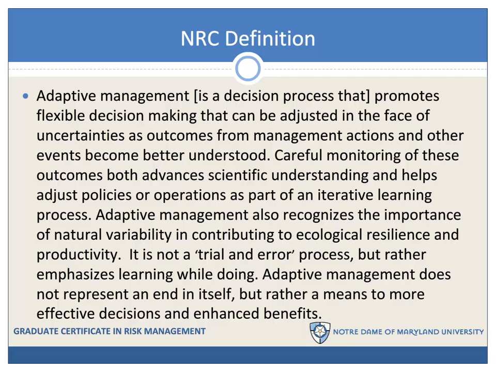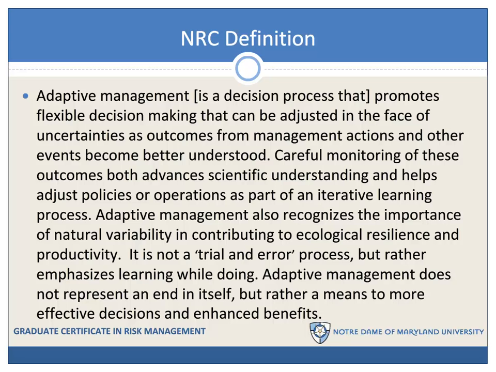We'll conclude this video with a few more words about adaptive management, a potentially valuable tool for this risk monitoring step. Adaptive management is a decision process that promotes flexible decision-making that can be adjusted in the face of uncertainties as outcomes from management actions and other events become better understood.